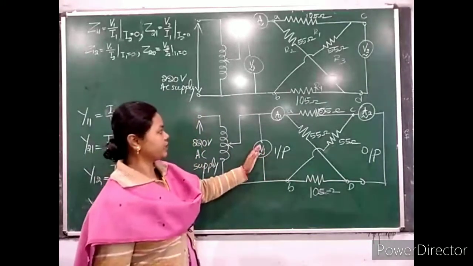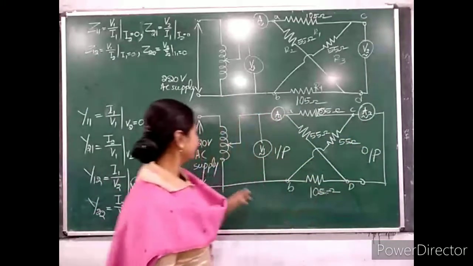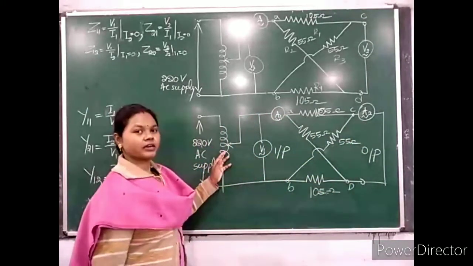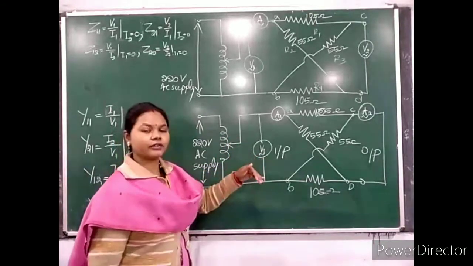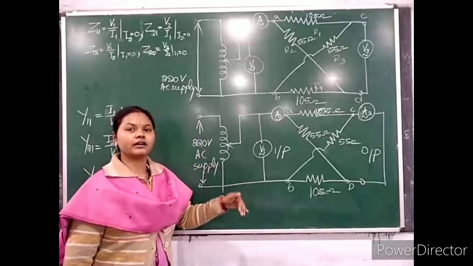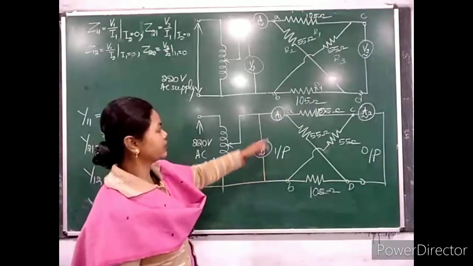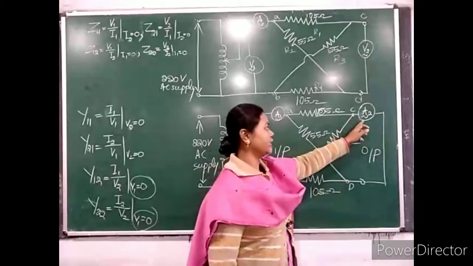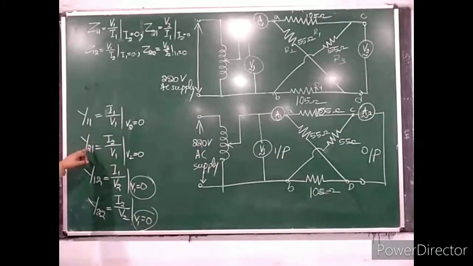So this one is V1, this one is I1 and this one is I2. By varying this variac, you take the reading of V1 at different voltages like 50, 100, 150, 200 volt. You take the reading of I1 and I2 and calculate Y11, Y21.